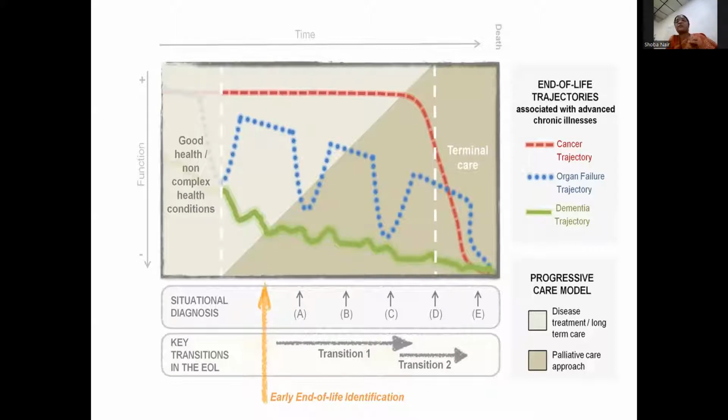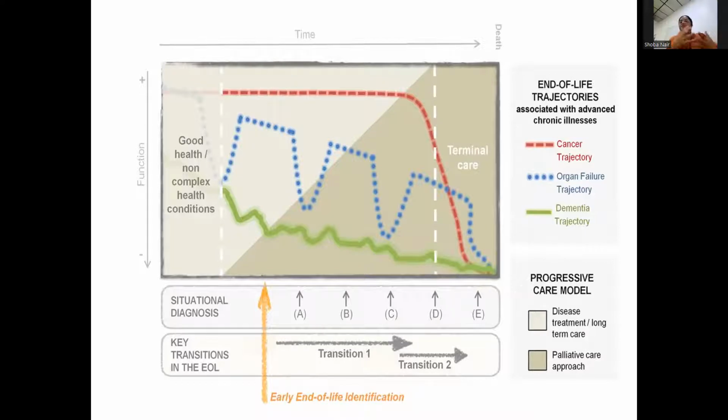But if you look at the blue line, which is the organ failure trajectory, which is similar to end-stage COPD, CKD, heart failure, etc., you have a decline, and then you have a sudden dip where you think the patient is not going to recover, especially in COPD patients. You find them frequently admitted in ICUs. They are supported with NIV and sometimes with a ventilator.